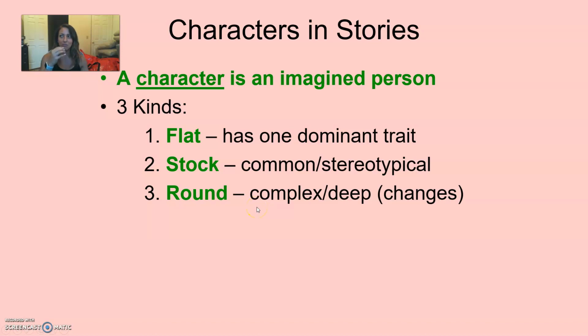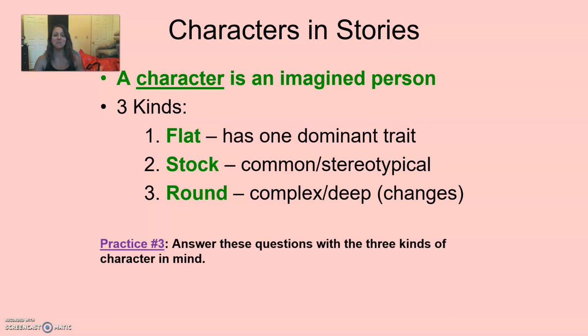These are the really complex characters. And just because they're identified as round characters doesn't mean that they are the protagonist. It could be a side character that also undergoes a change. So these are characters that have complexity and depth, and one characteristic that stands out is the fact that they do change throughout the story.